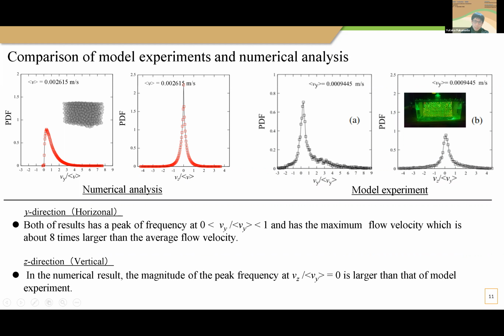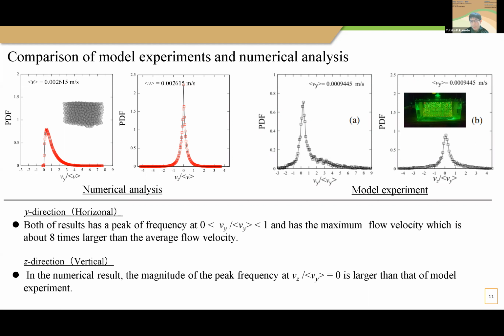Now we make a comparison between the numerical result and the model experiment. In the y direction, the horizontal direction, we can see that both results have a peak of frequency at from 0 to 1, and have a maximum flow velocity about 8 times larger than the average flow velocity.